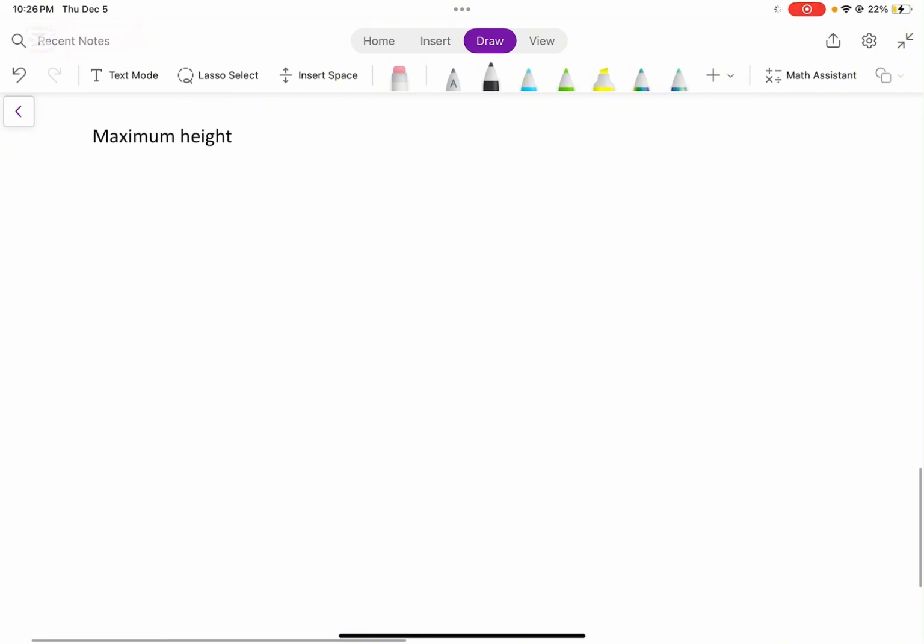The last part we're going to look at today is trying to find the maximum height for this object. To determine the maximum height of the ball that was kicked, there are a few strategies we can evaluate, some that come back from grade 10. If we think back to our soccer player kicking the ball on the field, what happens to the speed of something at a maximum height?